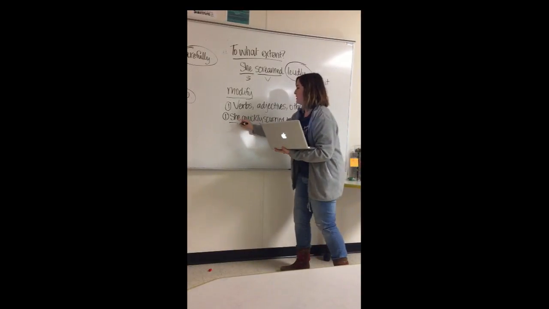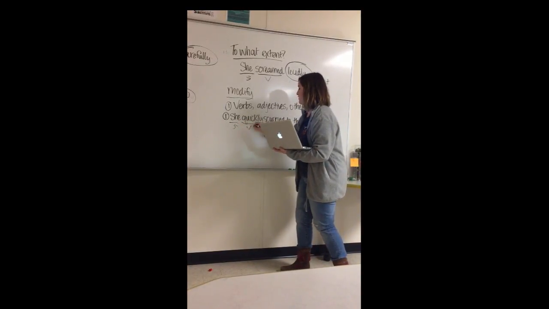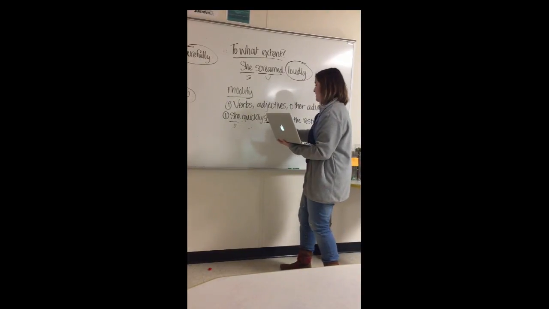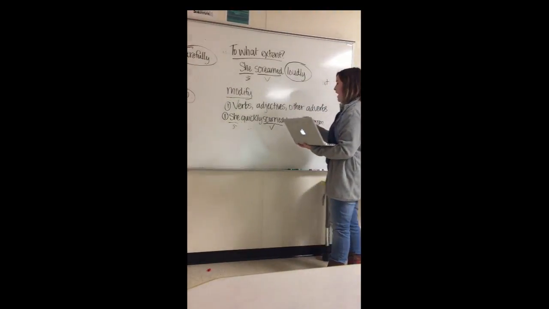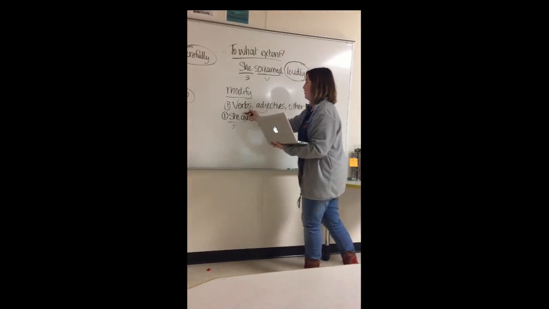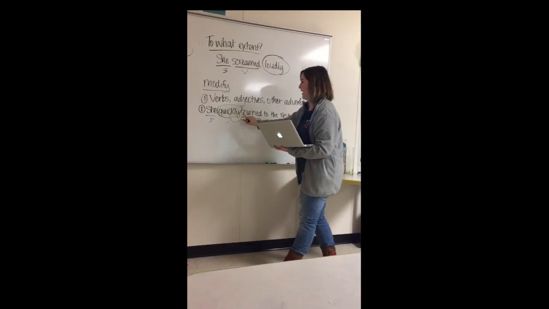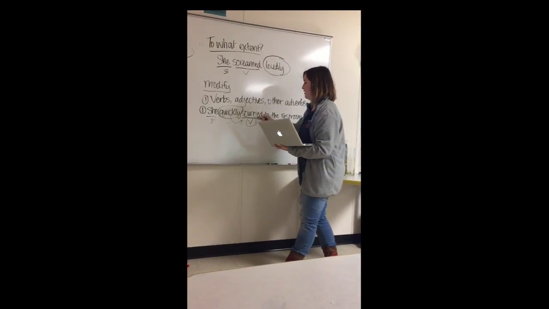All right, so she is the subject, quickly is the verb. Oh wait, no, just kidding. Scurried is the verb, okay? How did she scurry? Quickly. So this adverb modified a verb, all right?